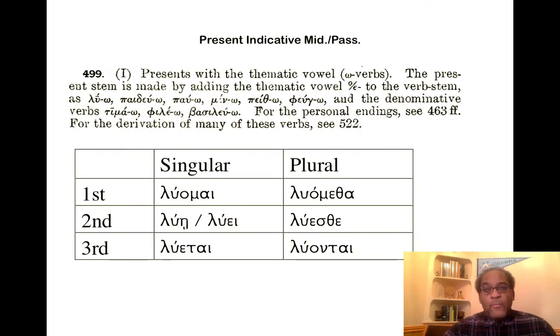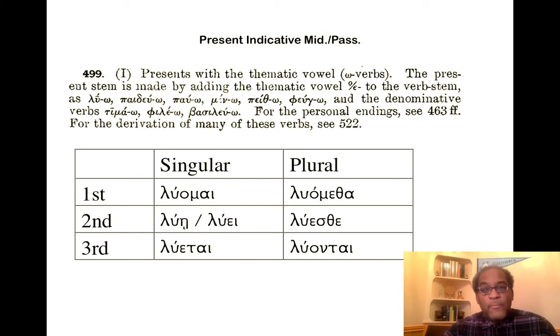So what we end up with is the present indicative of the middle passive looking like this. The presents with the thematic vowel, that means omega verbs, these are formed with the present stem made by adding the thematic vowel omicron epsilon to the verb stem, and then adding the endings to that.